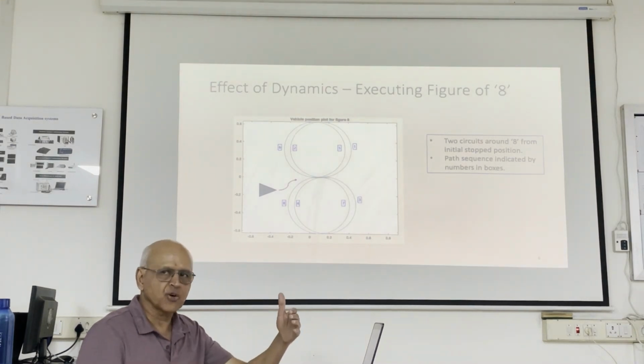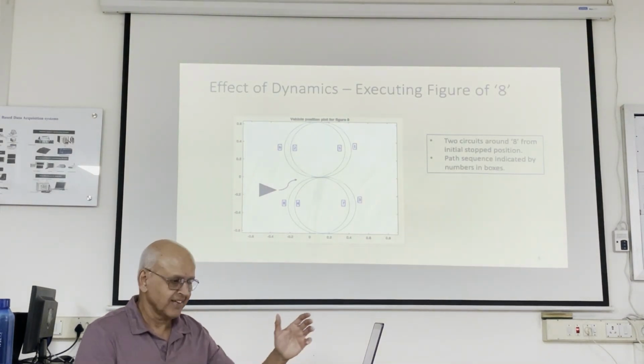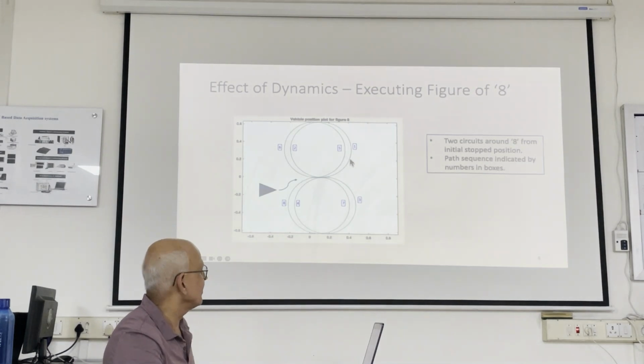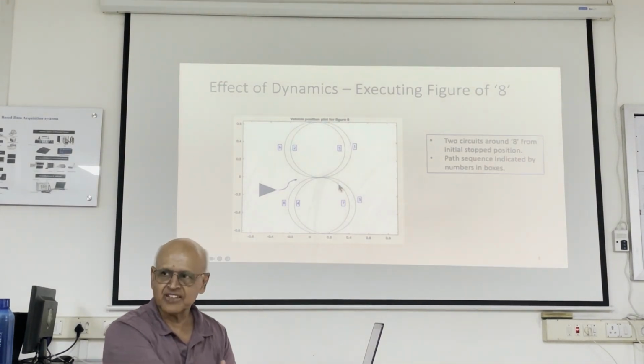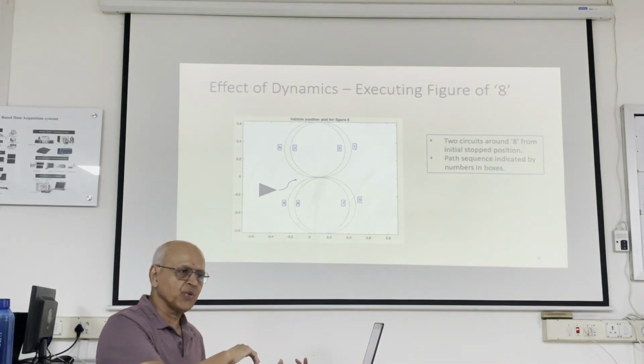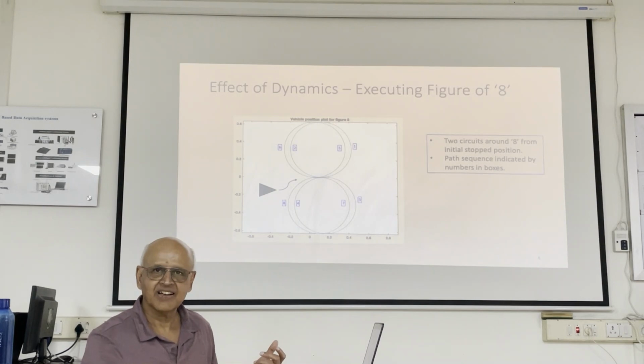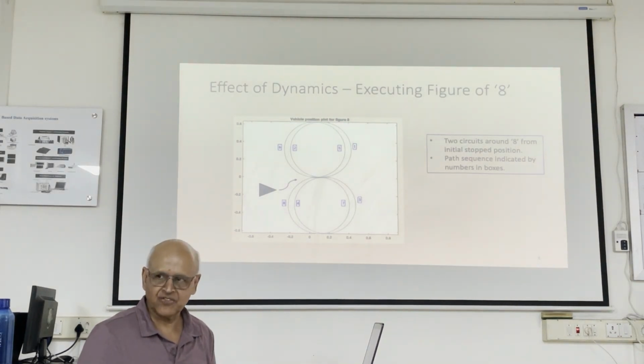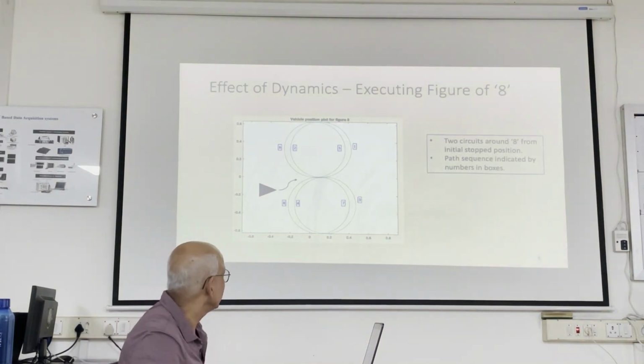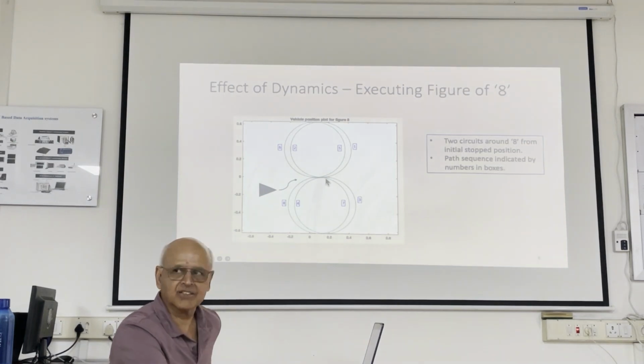Now the left wheel has to go faster than the right wheel. Does that make sense? Because over here, the right wheel was going faster than the left. Here, the left wheel has to go faster. So left wheel was going slower. Now it has to go faster, so they have to cross over. So again, you're forced to go through the acceleration phase. And so over here, you will see that it's not quite on the circle for a while.